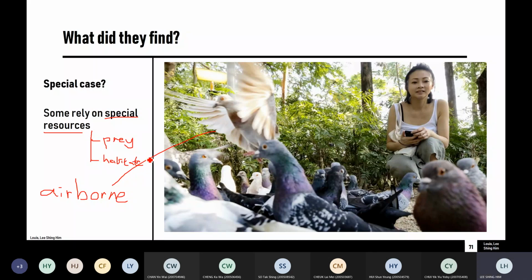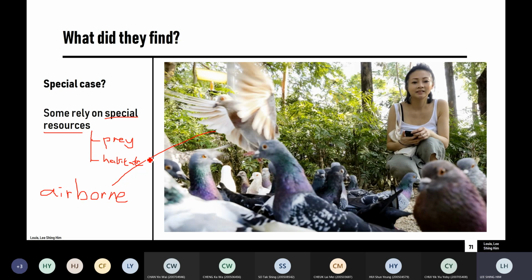For instance, 鱼鹰, osprey, will move into the city if there is a river that is wide enough for it to catch fish. I once saw an osprey, 鱼鹰, in the heart of Chongqing. You can hardly imagine that there would be an osprey standing next to you in a park, but that is a fact.